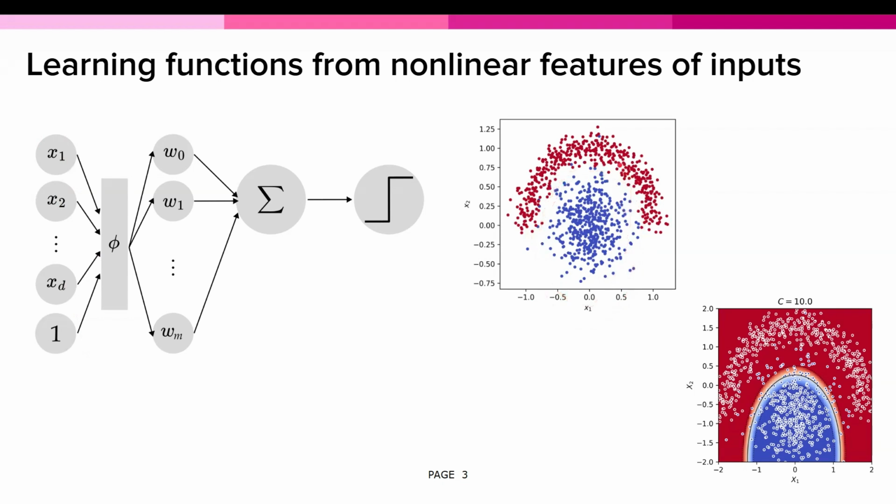So in this case, we used the quadratic feature map, which gave us interaction terms between x1 and x2, as well as squared terms, x1 squared and x2 squared. We used that feature map to project the input data into a higher dimensional space.